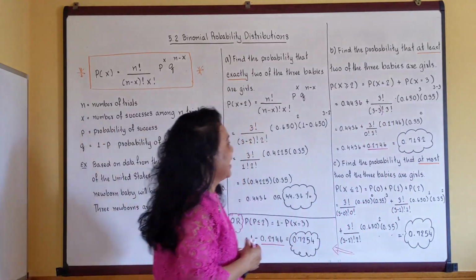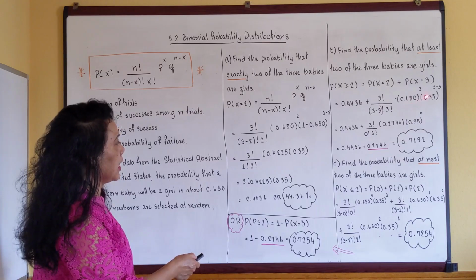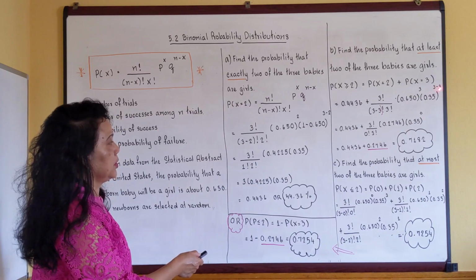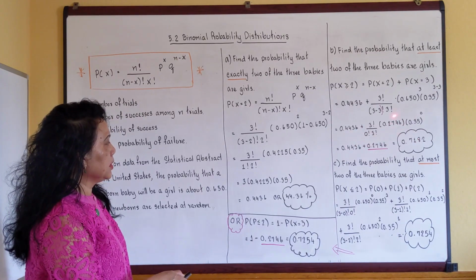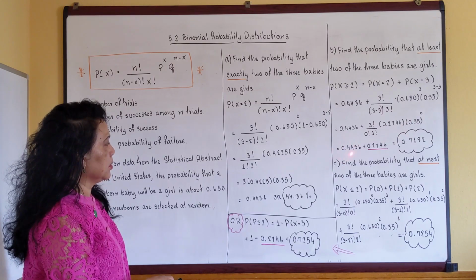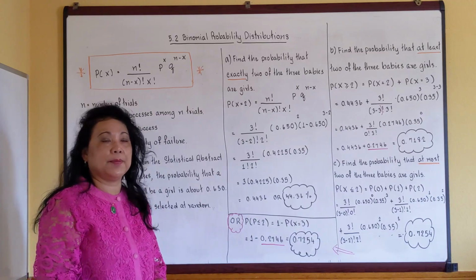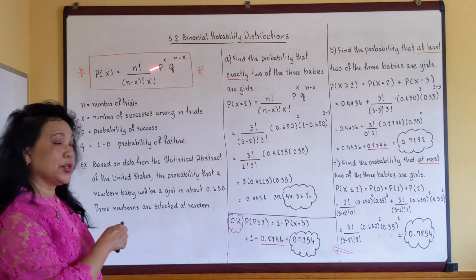Times 3 factorial, and then p is the same, q is the same, x is 3, this is n minus x, which is 3. So I calculate all this, and you add them, this is x equal to 3, this is x equal to 2. You add them, it's 71.82%.